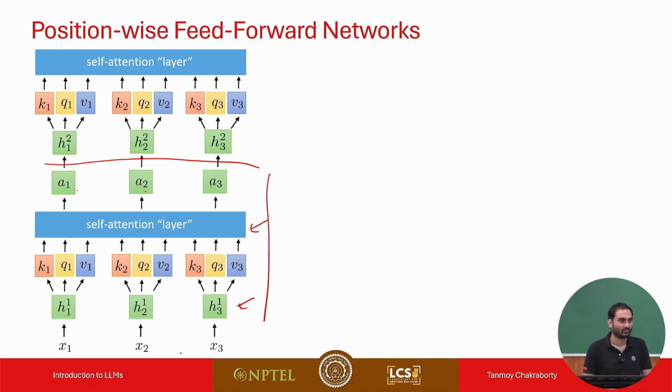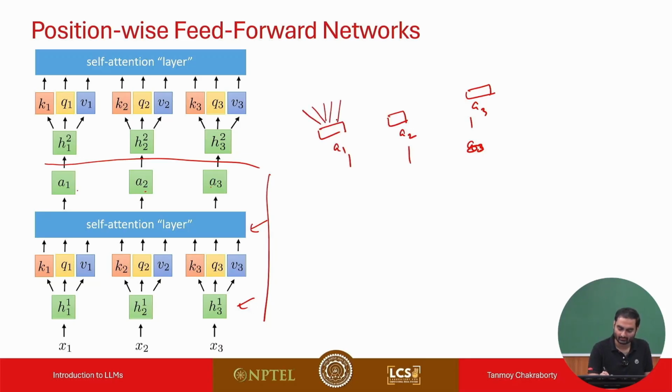Okay, A1, A2, A3. So this is position 1, so this is A1, this is A2, and this is A3. Now remember, A1, A2, A3 are vectors. Okay, what we do, we apply a feed forward network at every position, right? Meaning we'll apply a feed forward network like this.